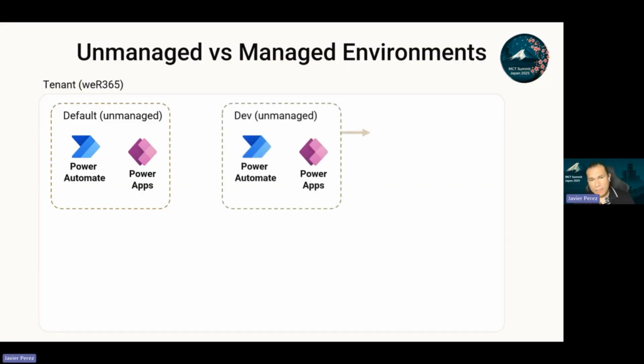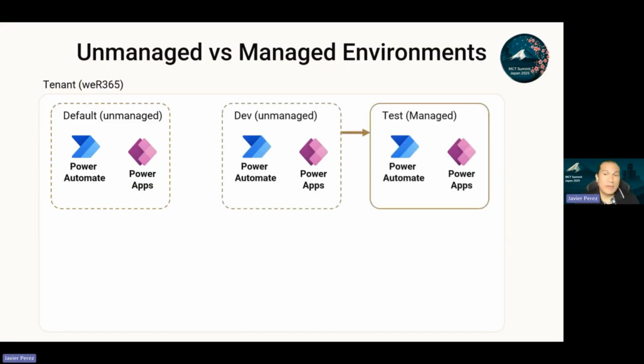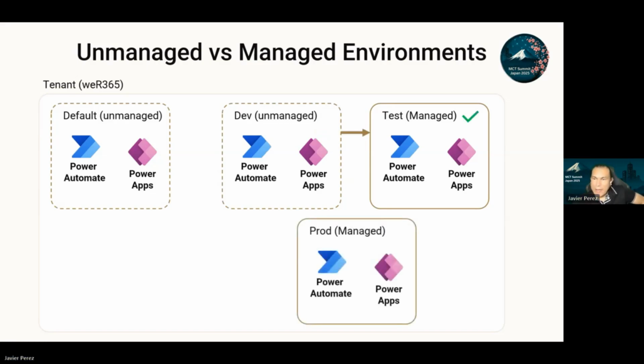But when we have a development environment that is unmanaged, we can build all the apps and flows, and we have a test environment that is managed. If you have an issue, it returns to the development environment and goes back to the test environment. If it's okay, we can deploy to the production environment.